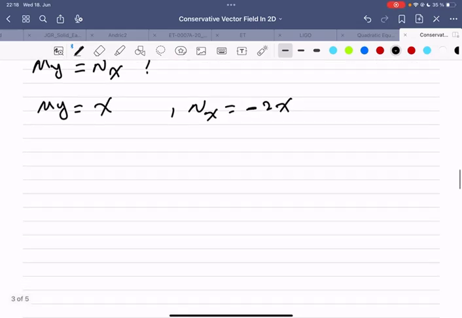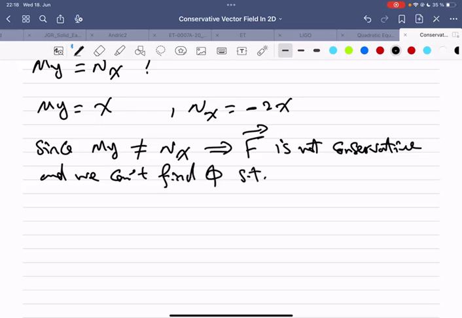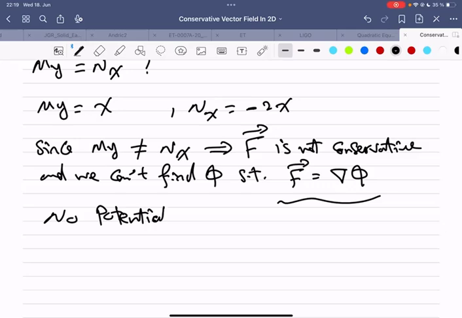So here, since M y is not equal to N x, F is not conservative, and we cannot find phi such that F equals gradient phi. So no potential function.